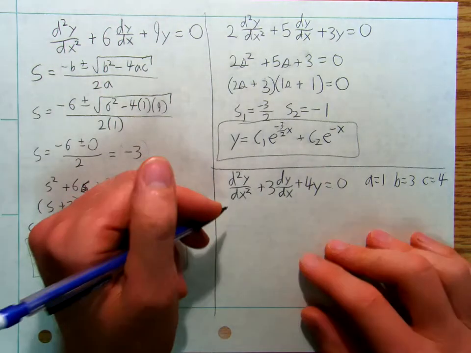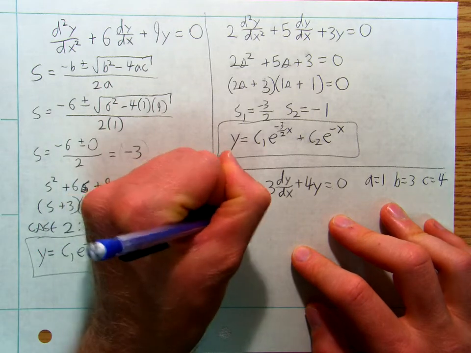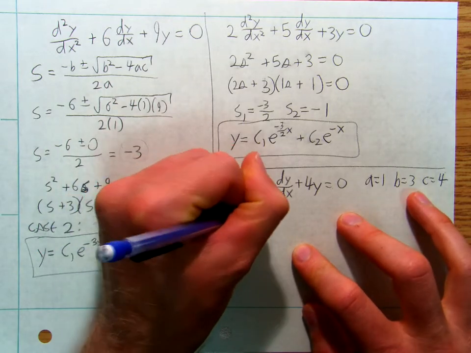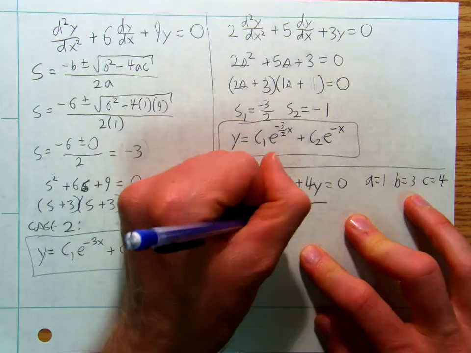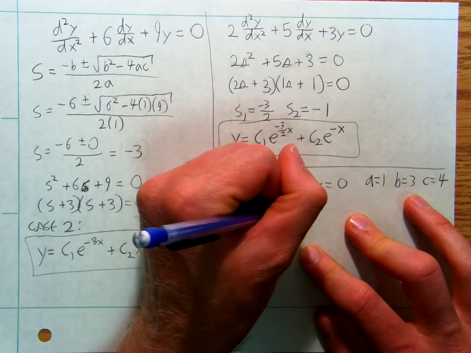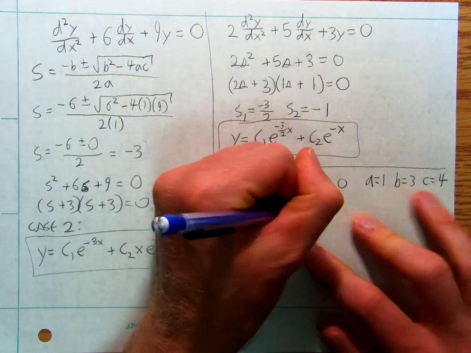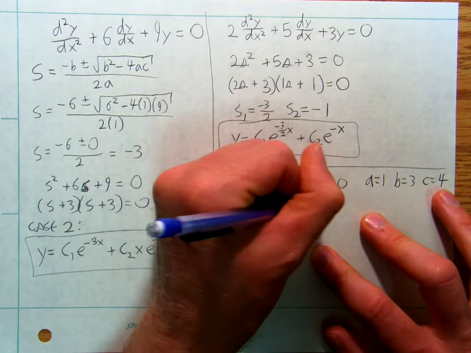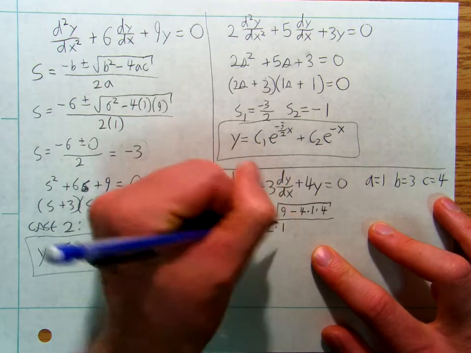Okay, so now my s is going to be equal to negative 3 plus or minus square root of b squared, which is 9, minus 4 times a, which is 1, times c, which is 4, over 2 times 1.